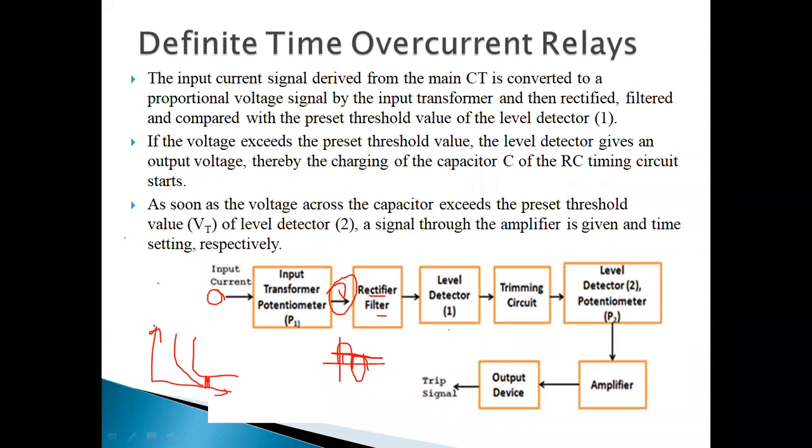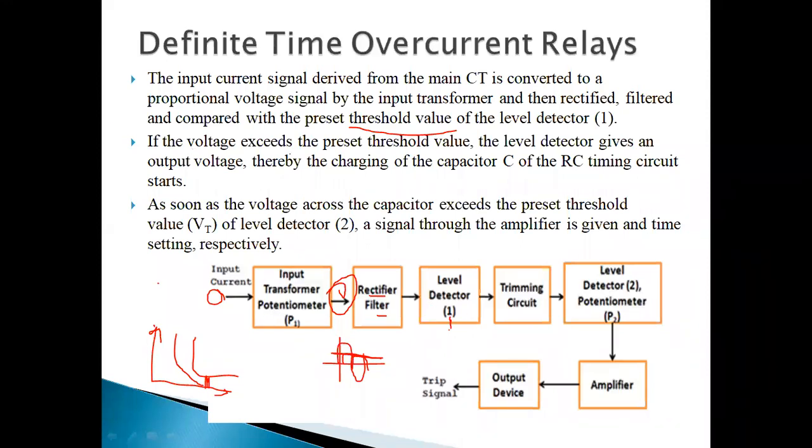At this level detector, as I told you, the preset value is set here, the current setting that is called the pickup value. It is also called the threshold value of the level detector.